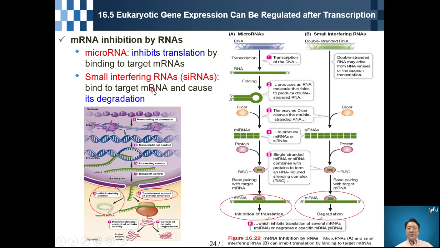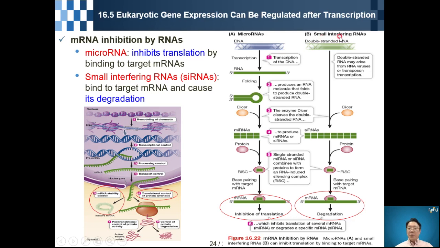After transcription, mRNA inhibition can happen, for example due to microRNA or due to small interfering RNA. The main difference is that microRNA inhibits translation.